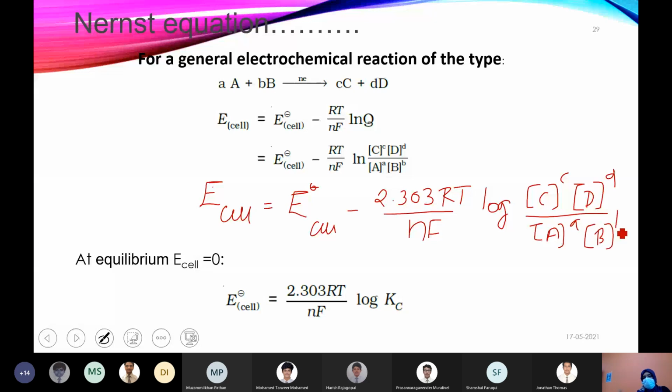That means ln is converted to log by multiplying with 2.303, and you can further simplify it as E cell is equal to E0 cell minus 0.0591 by n, if R and F are constant and T is room temperature. If you follow that condition, then this will be the final form.